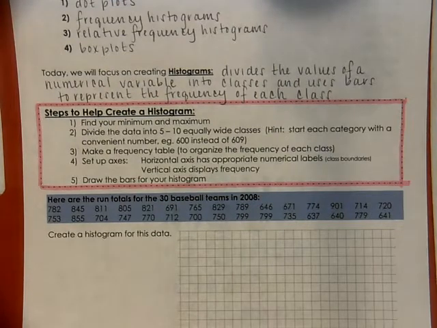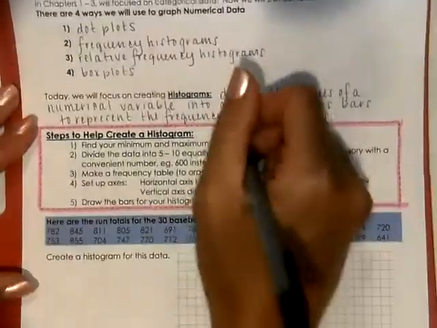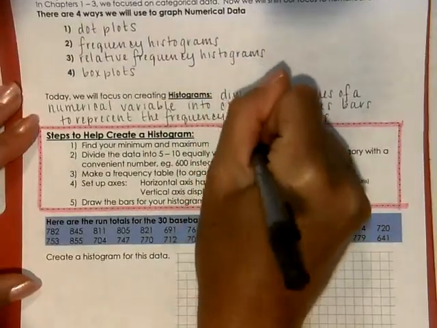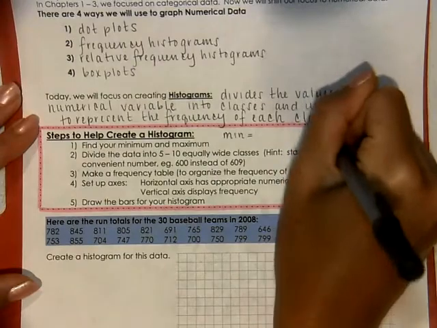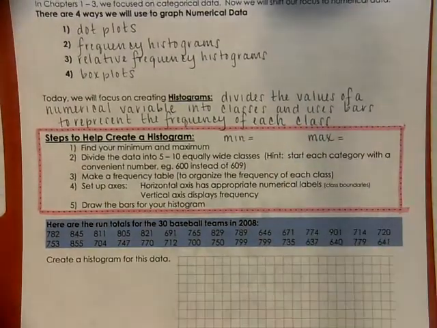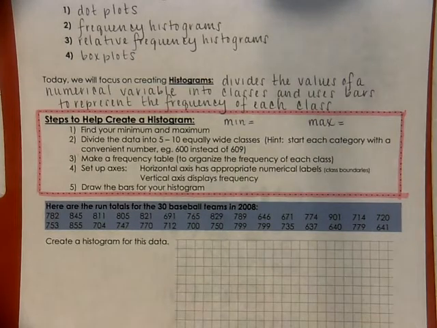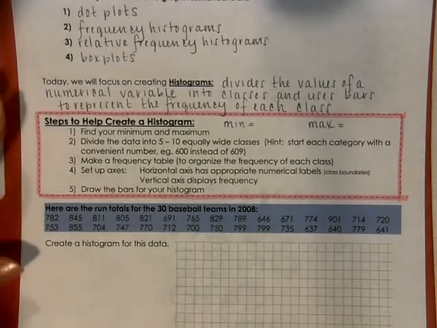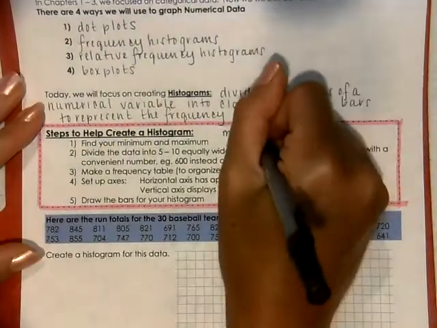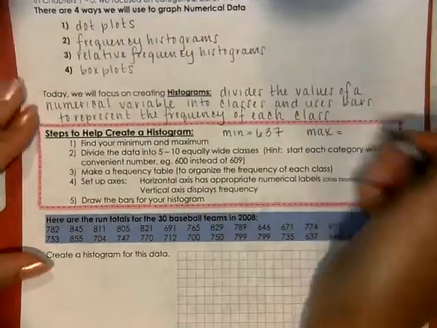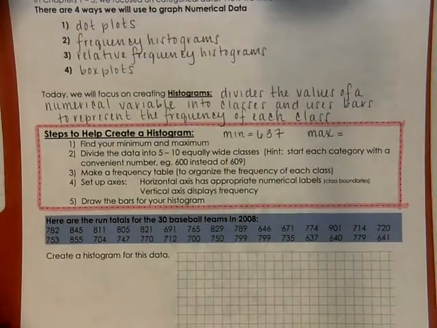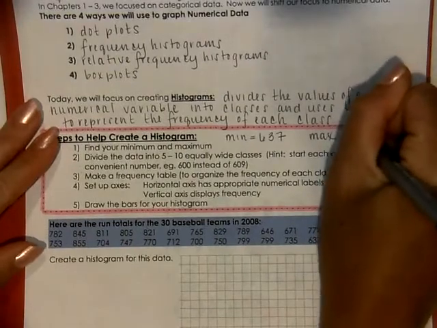Go ahead and take a look at this data set and find the minimum and the maximum value. Your minimum should be 637. And your maximum is 901.